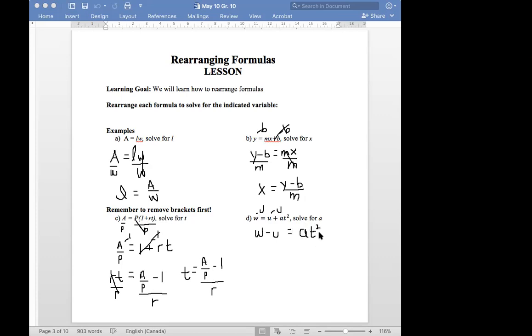And because this is being multiplied by T squared, we're going to divide both sides by T squared. So that cancels that out. And so our answer would be A is equal to W minus U over T squared.